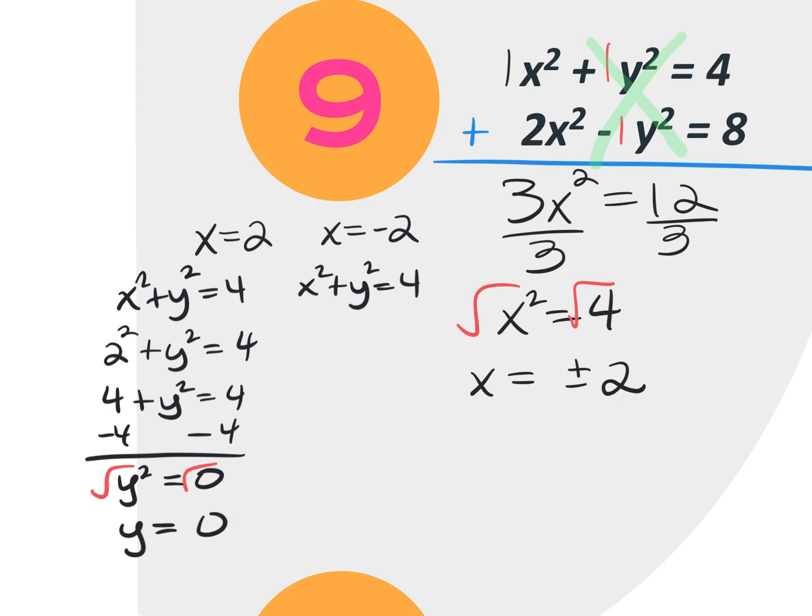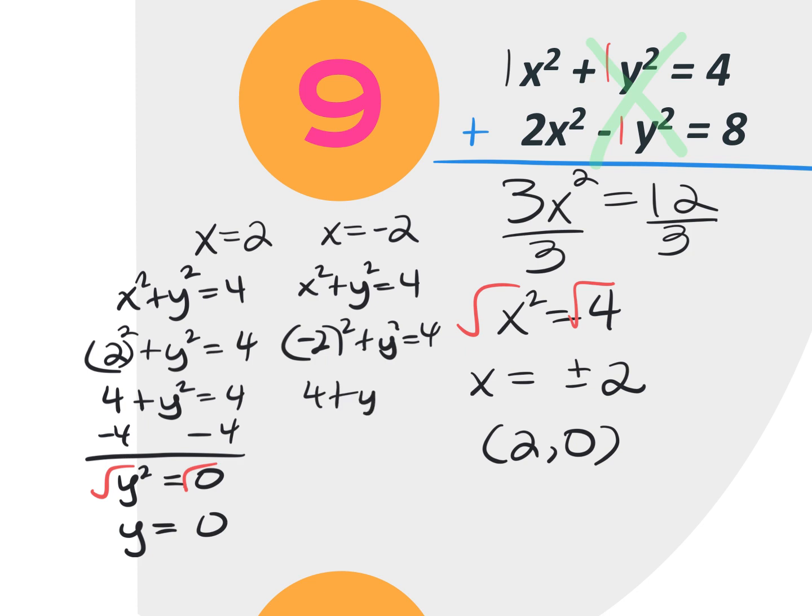So my first solution is 2, 0. I'm going to do exactly the same thing with the negative 2. But notice once I plug it in, I'm going to end up getting the exact same simplifying process. Because negative 2 squared is positive 4. Subtract the 4. Y squared equals 0 again. So y equals 0.